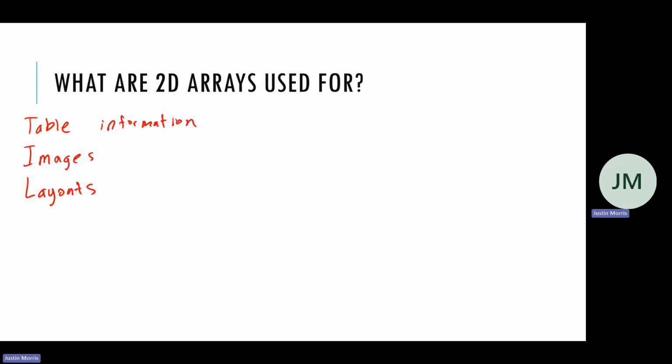Like you have a 2D grid representing, say, this room, and zeros means it's empty space for like hallways, ones means it's used space for these lab computers. There are many other applications. It'll come up. When you see it, sometimes you should be thinking, oh, 2D array for this is good, rather than a 1D array.